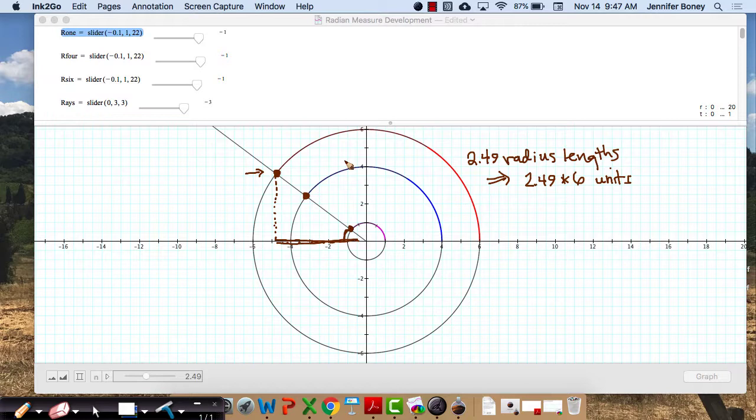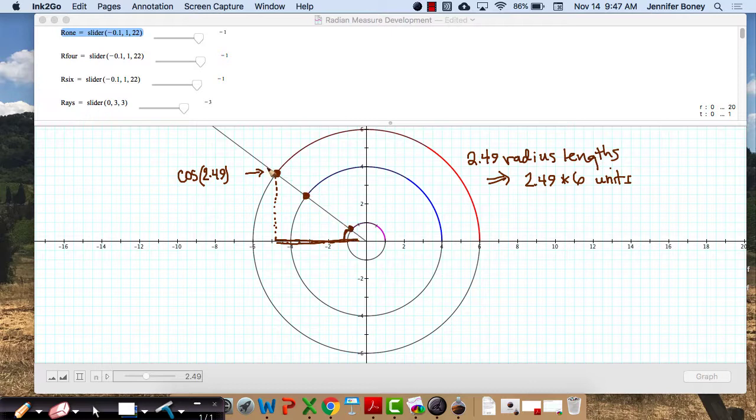What this is related to is the size of the radius, but they're just multiples of one another as we get larger. So the cosine gives us directly the point on this unit circle. So I could say the cosine of 2.49 would give us this almost -1 that we have in the smallest circle.